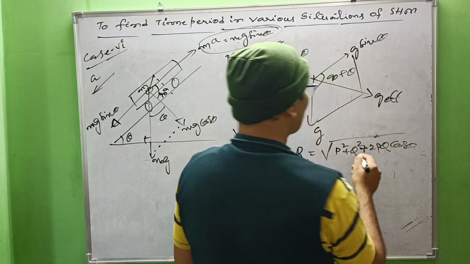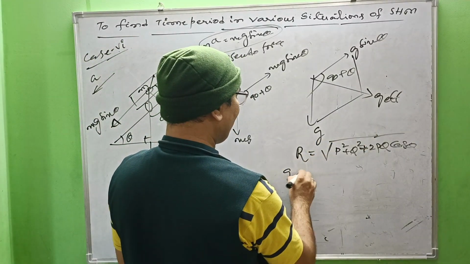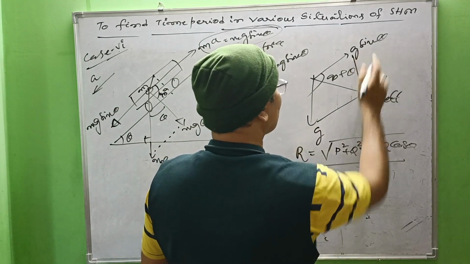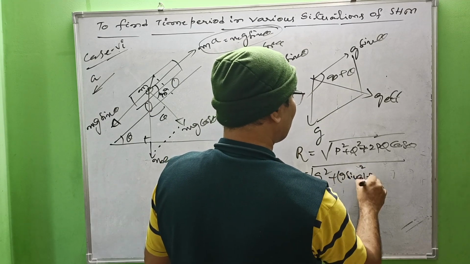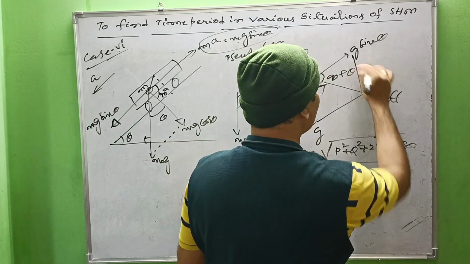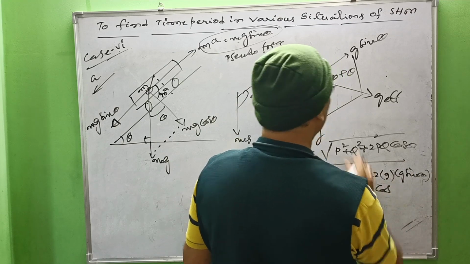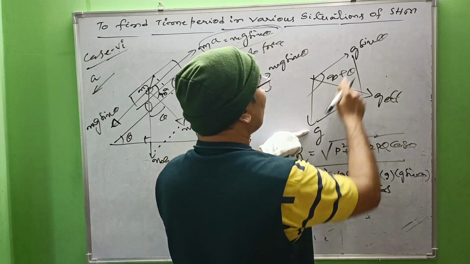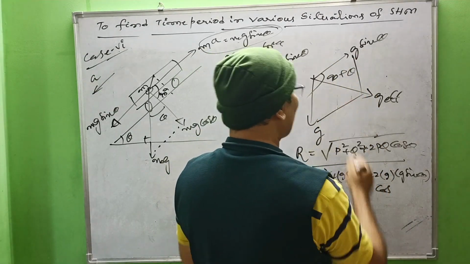R equals root over P square plus Q square plus 2PQ cos theta. R means g effective. P square means g square, Q square means g sin theta whole square, plus 2PQ, that is 2g into g sin theta into cos theta. Theta is the angle between P bar and Q bar; here P bar is g bar and Q bar is g sin theta bar. So what is the angle between these two? 90 plus theta.